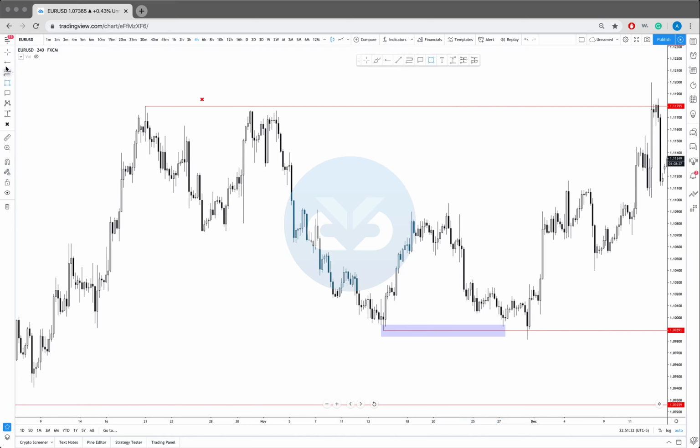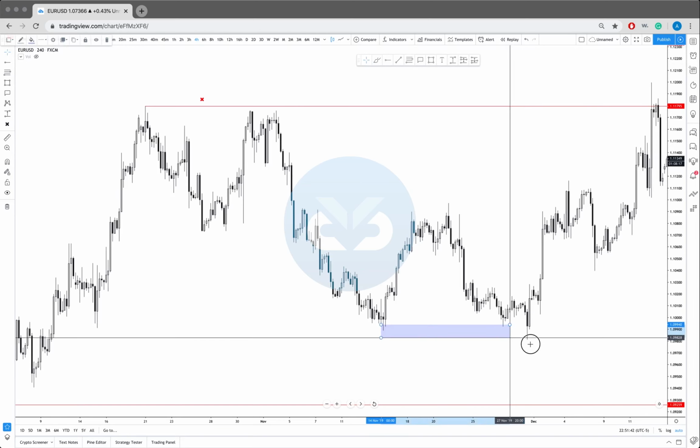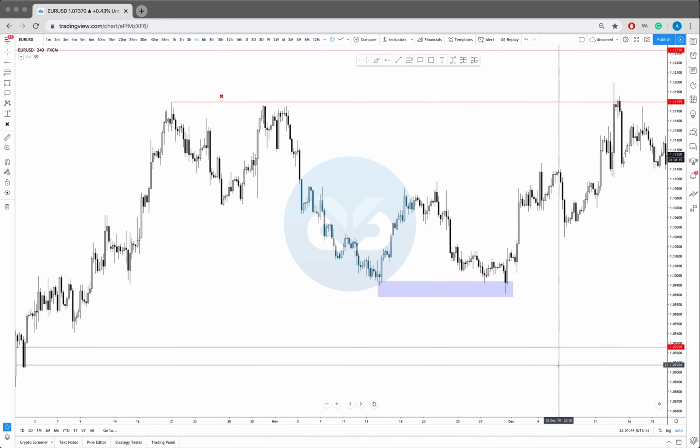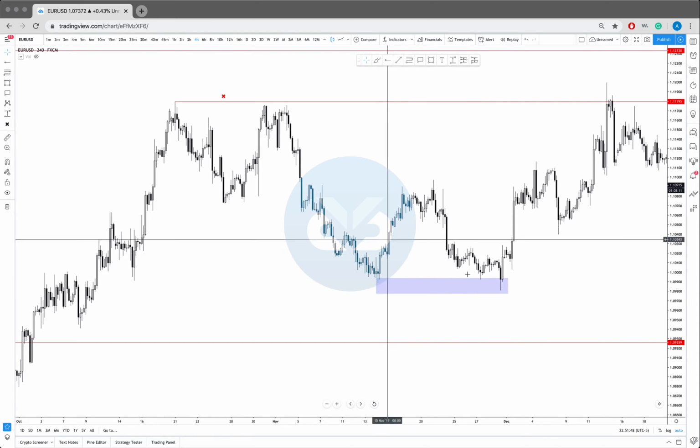Notice now this wick here took out this previous low. So do you consider this relative equal lows? No, because the liquidity under these lows has already been taken.